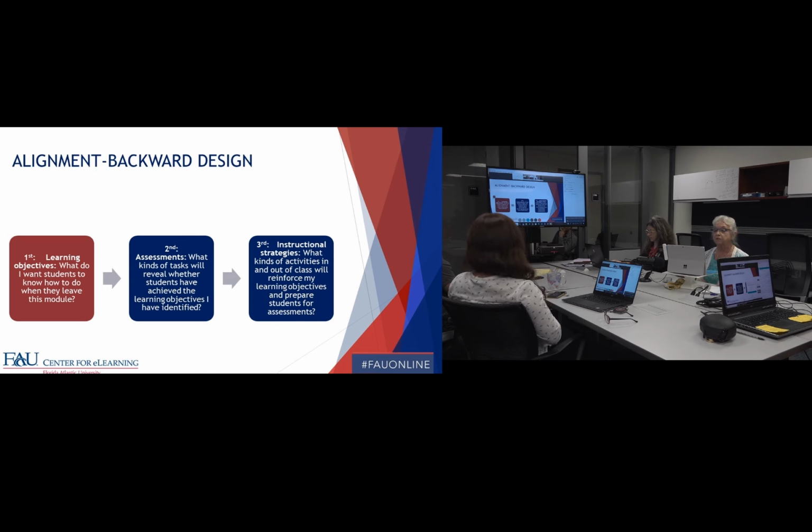What is it I want them to know when they have finished this particular module? And then the second step is to think about what it is they're going to do, the assessments, in order to accomplish those particular objectives. And then the instructional strategies. What activities do I need to have them do to reinforce those objectives and get them ready for the assessment?